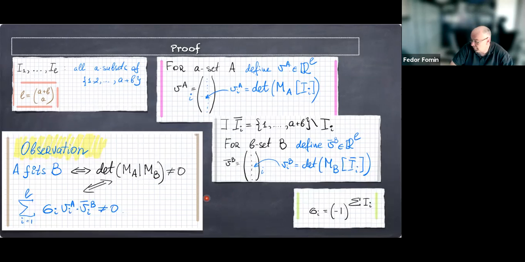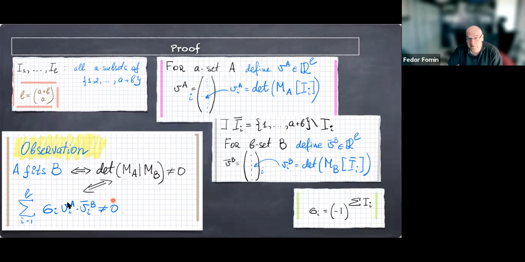And now, another observation is, look, we already observed that the set A fits the set B if and only if the determinant of this matrix is non-zero. Right? This was already observed.